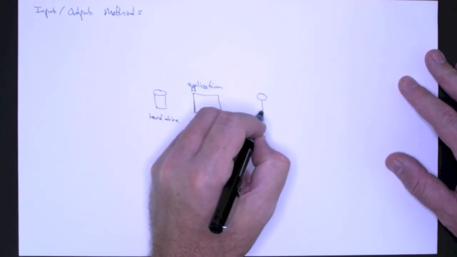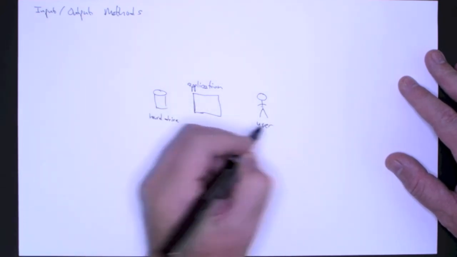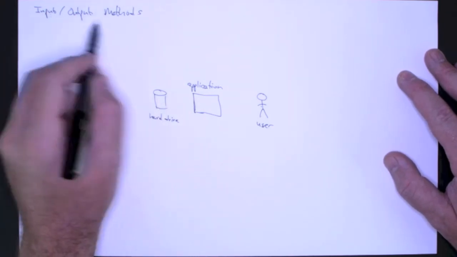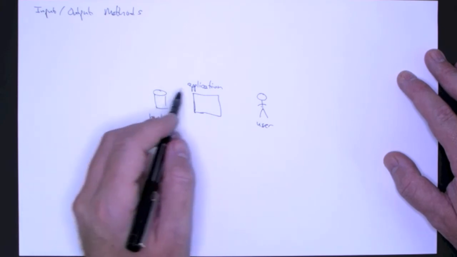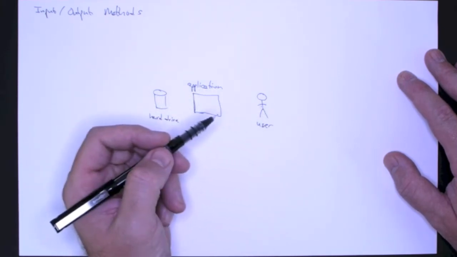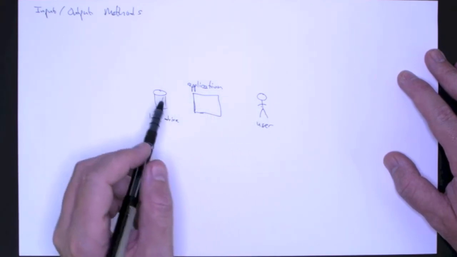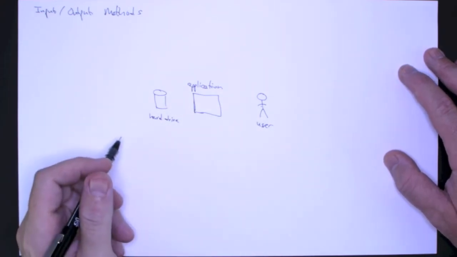And then there'll be some person using the application. This is our user. And you're going to need input and output methods for the application to communicate with the hard drive, and you're also going to need input and output methods to communicate with the user. And a lot of times the information that you store on the hard drive is not necessarily the same information that you're presenting to the user.